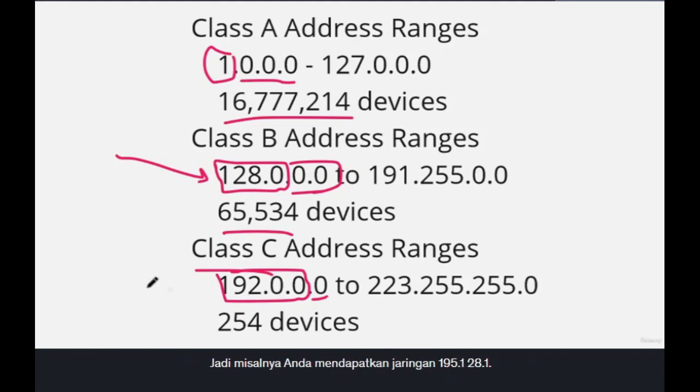So for example, let's say that you were to get the 195.128.1 network. Well, the first 3 octets you could not change. It would be 195.128.1. The 4th octet, that's yours to do with as you please.